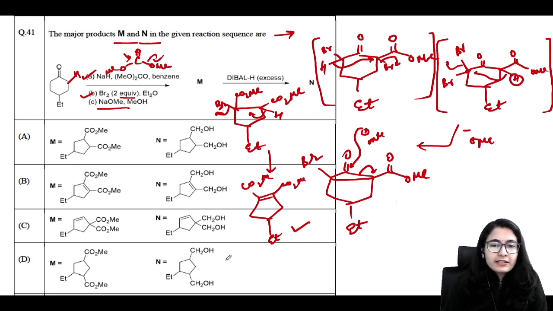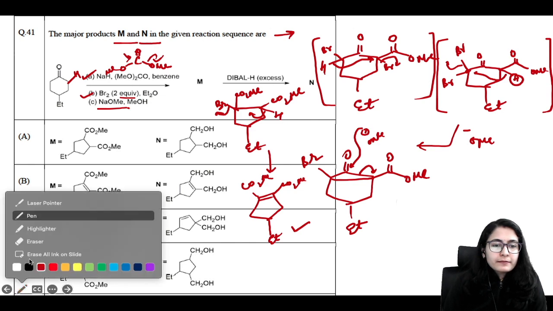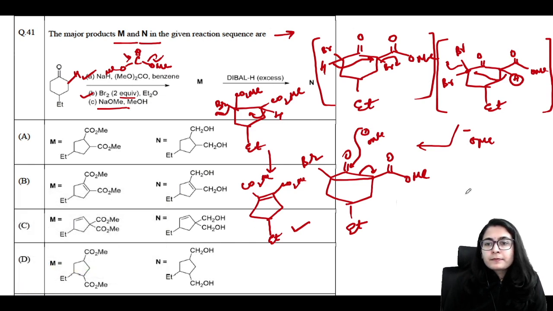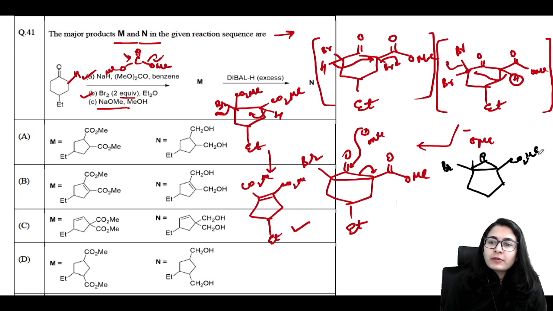Let's write this with a separate pen. So you are still getting this kind of a compound. There will be a carbonyl over here, which is going to be attacked by methoxy CO2Me in this way. So what will happen next?